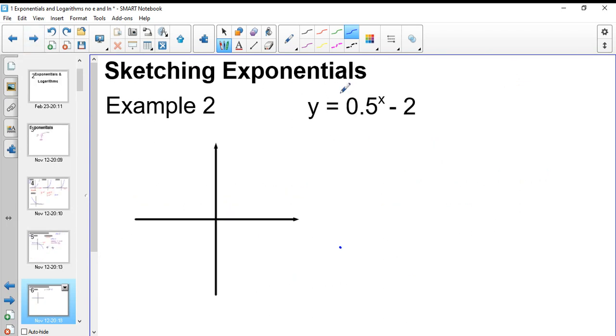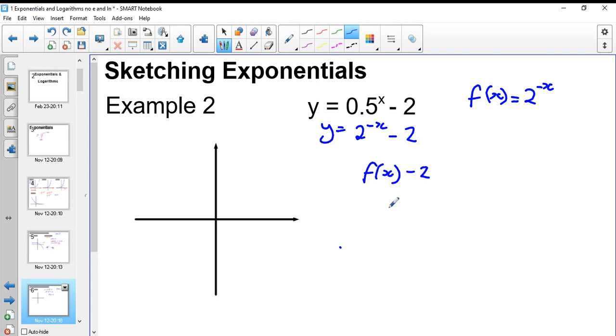Let's have a look at another one. So remember, this is the same as 2 to the minus x. So if we say f of x is 2 to the minus x this time, because we know what this looks like. So this is just f of x minus 2, which is a translation.